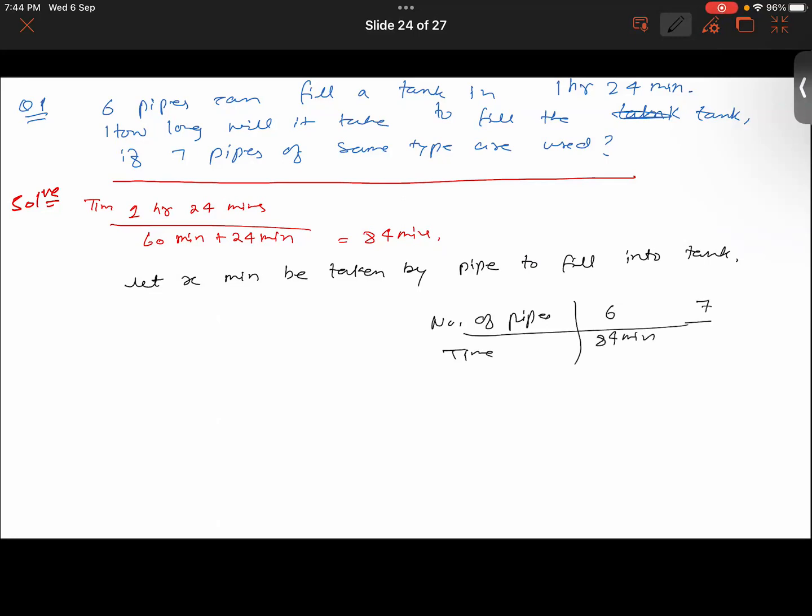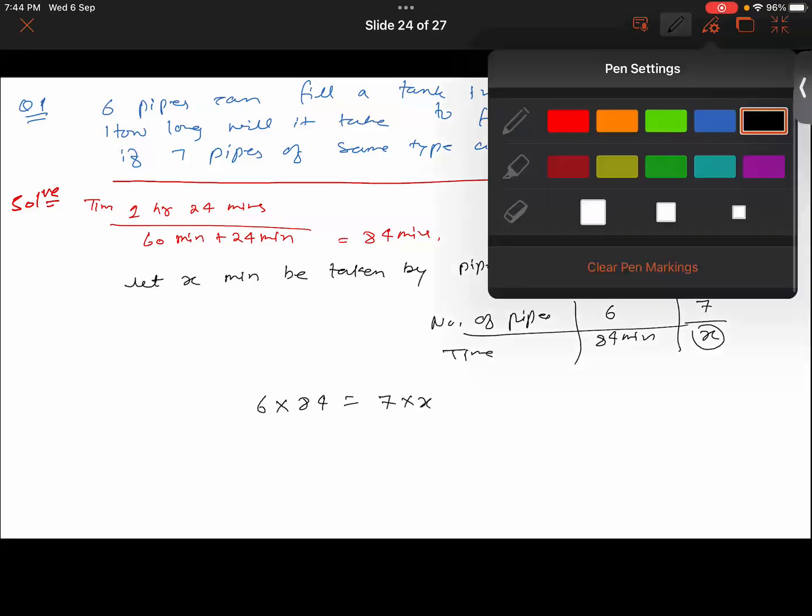So 7 pipes will take how much? You have assumed it to be x. As you know the formula, according to the formula, it will be 6 into 84 equals 7 into x. You guys know the formula.